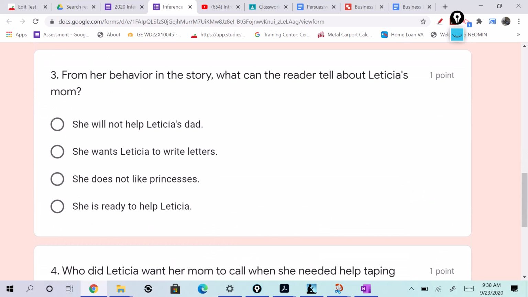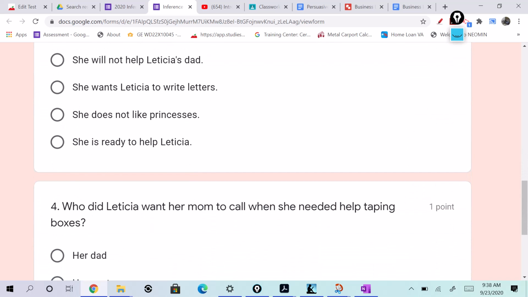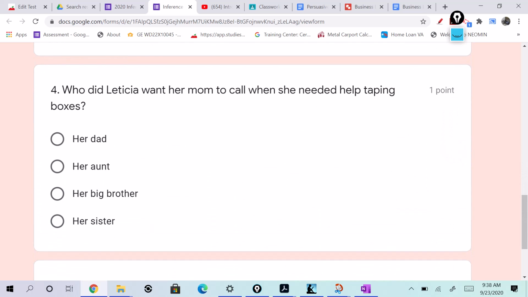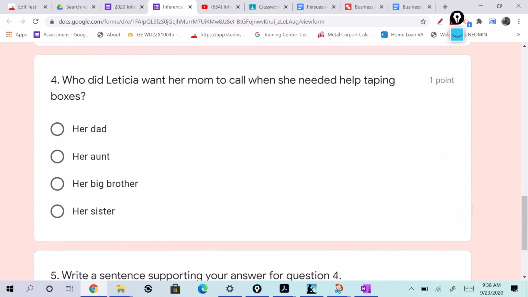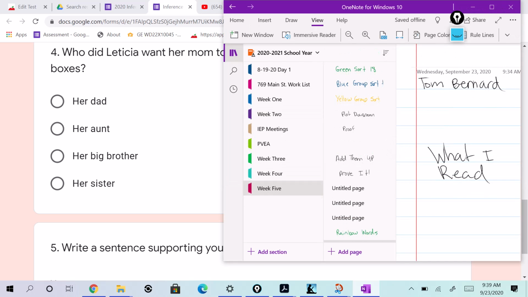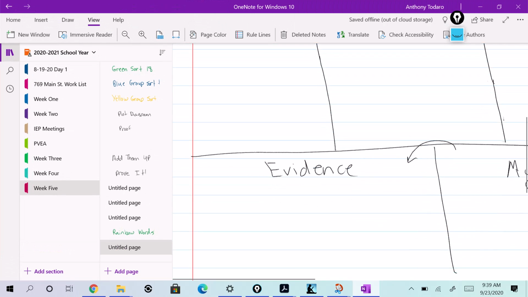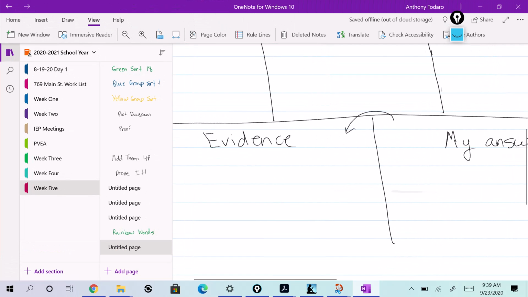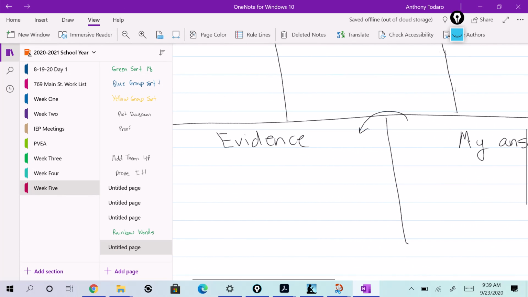Maybe the story doesn't come right out and say, Letitia and her mother have a great relationship. Maybe we don't know. Then here's one that's a right there. Who did Letitia want her mom to call when she needed help taping boxes? That one is going to be a right there question. You're going to give an answer, and then you're going to prove where you found it.